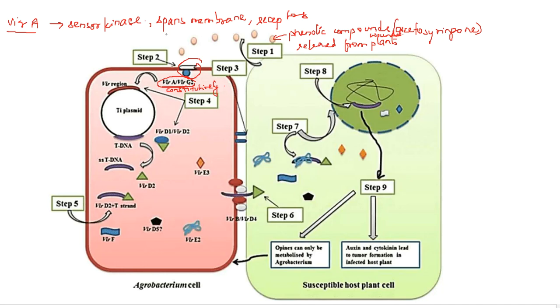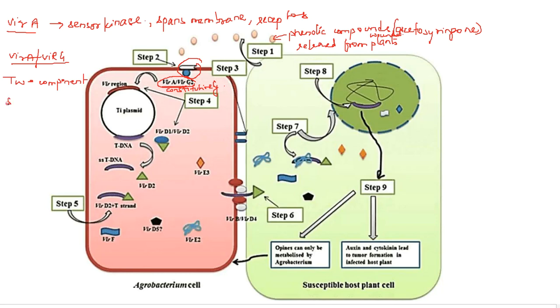Coming to the next gene, that is vir-G gene. Now this vir-A and vir-G are a two component signaling system, right? So where did you study about two component signaling system?